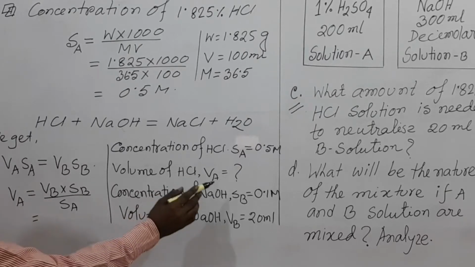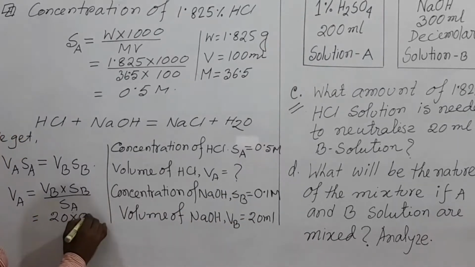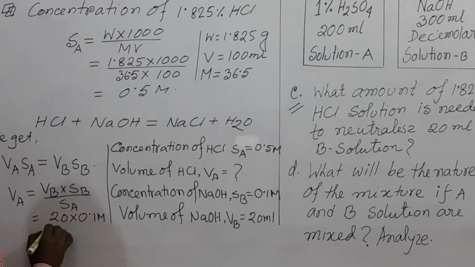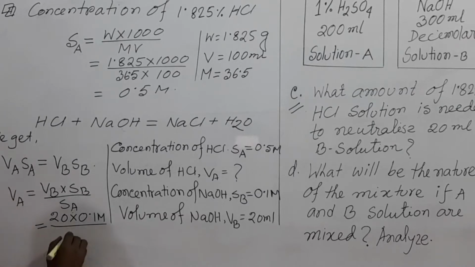What is the value of VB? Value of VB is 20 ml, 20 into SB 0.1 molar, and concentration of hydrochloric acid, that is SA, is 0.5.